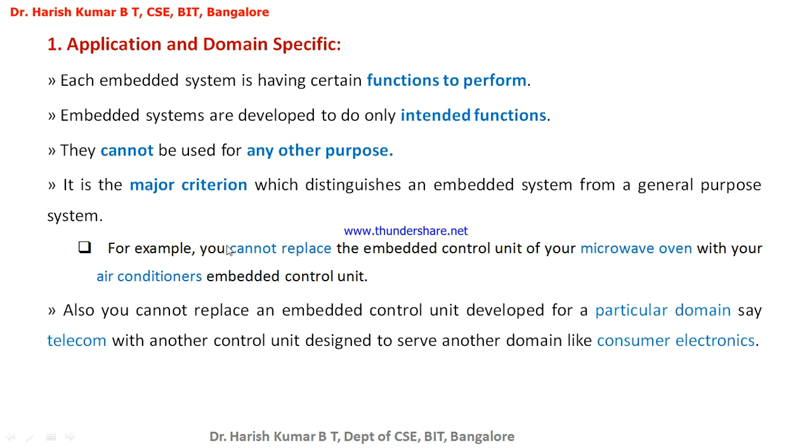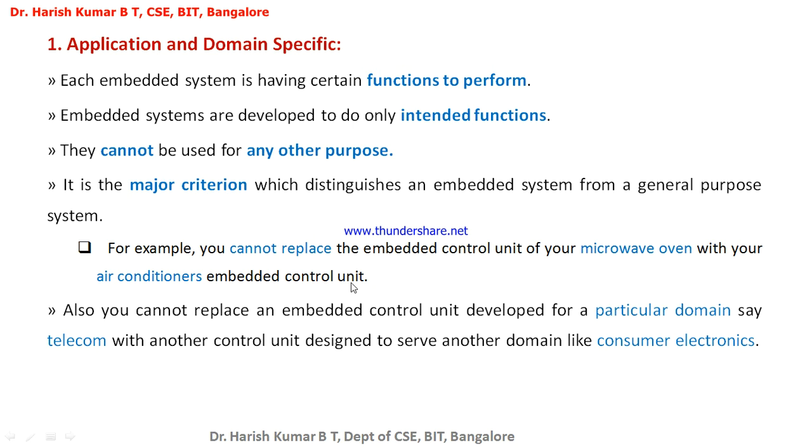So for example, I have examples also. Why do we say it is domain and application specific? We cannot replace the embedded control unit of a microwave oven. The microwave oven is the best example of an embedded system because it has a microcontroller inside it. Now suppose I want to replace the embedded control unit of the microwave oven with an air conditioner's embedded control unit.